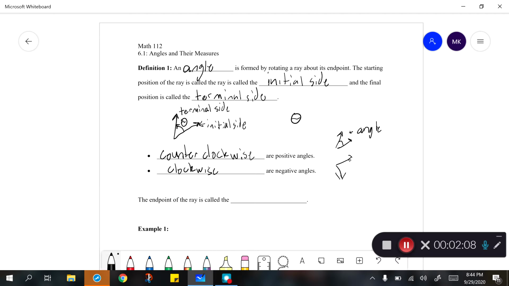Whereas if it's like that, that represents a negative angle. Okay, and that's really important to understand, whether it's positive or negative simply is counterclockwise or clockwise. Now the endpoint of the ray is called the vertex.